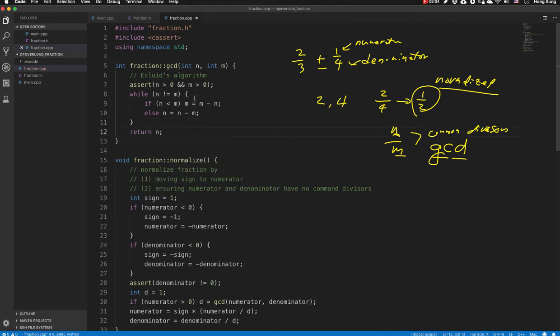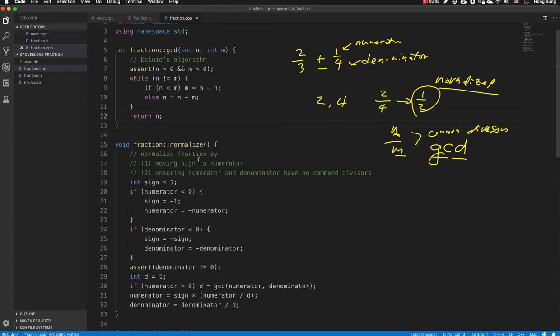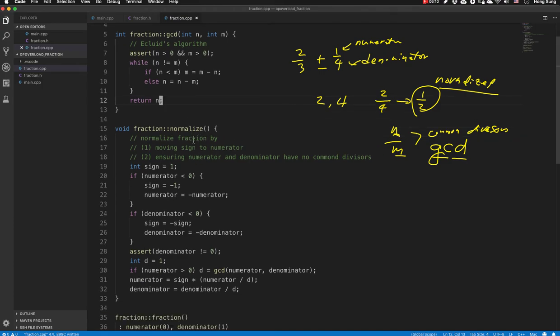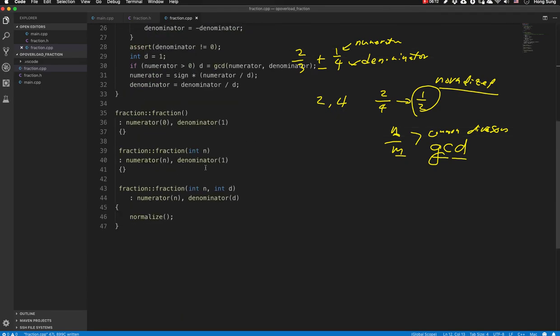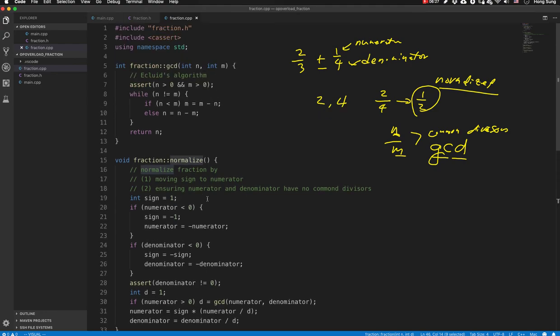That is how to find the greatest common divisor. So if we provide a denominator and numerator to create the fraction object, then normalize is called, and we ensure that the sign is always on the numerator, and then it is reduced by the greatest common divisor.